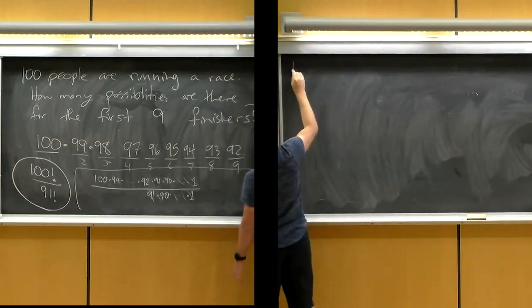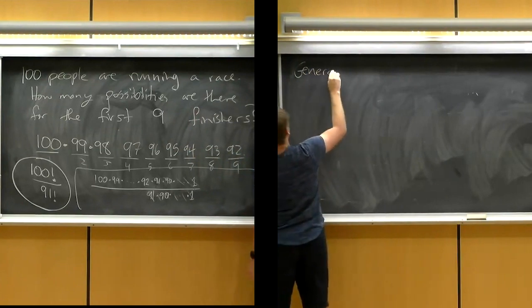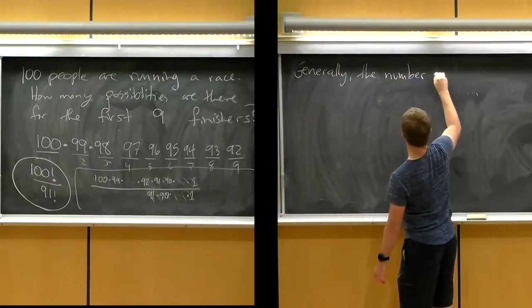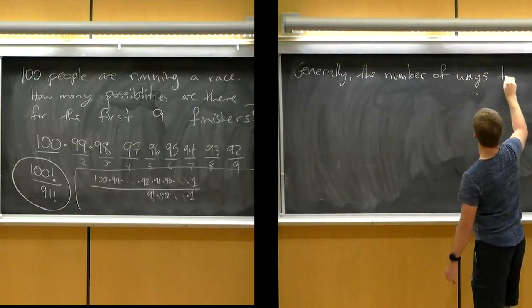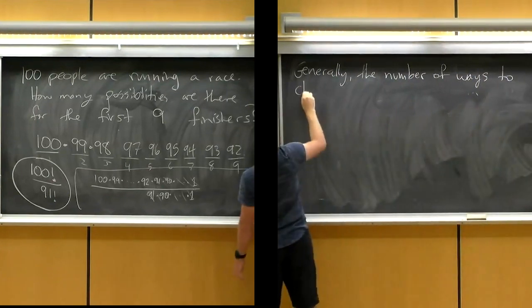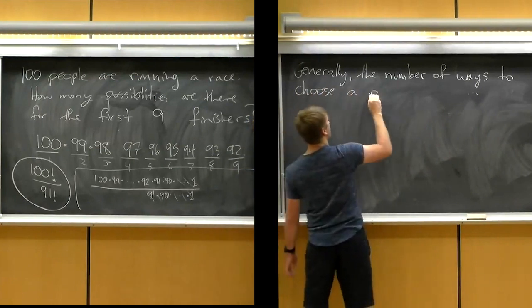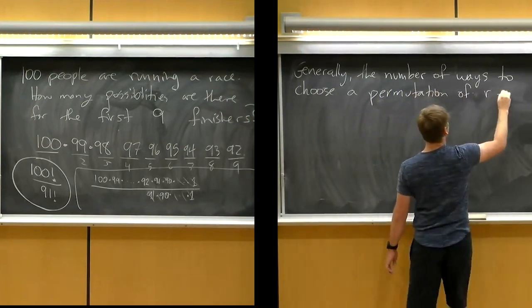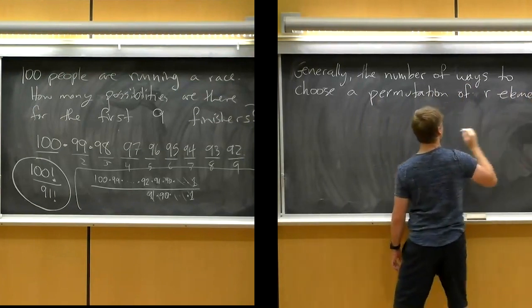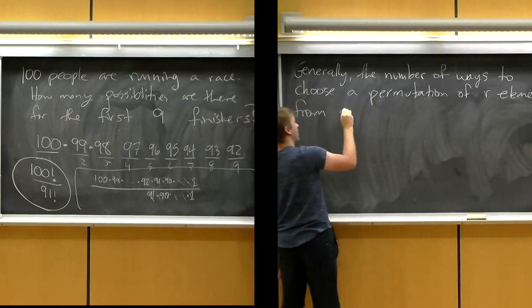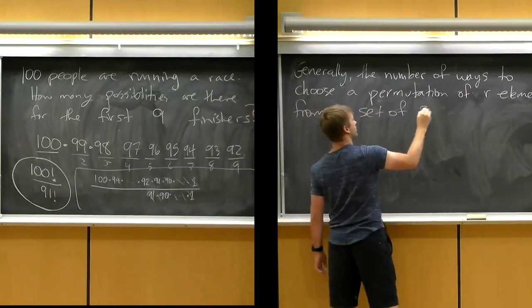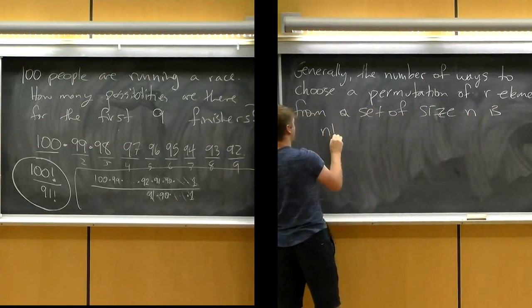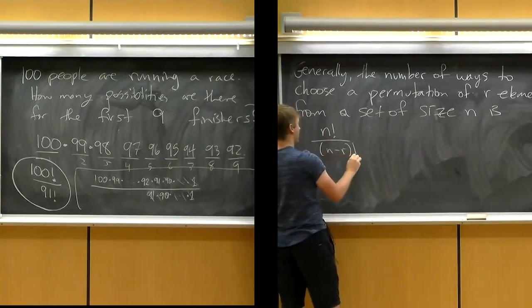So generally speaking, the number of ways to choose a permutation of r elements from a set of size n is n factorial over n minus r factorial.